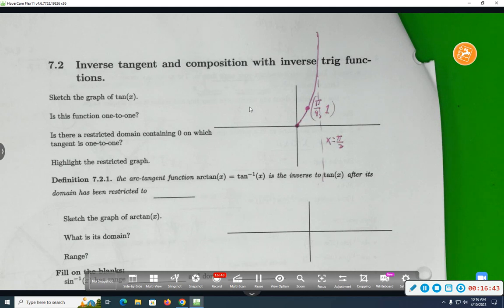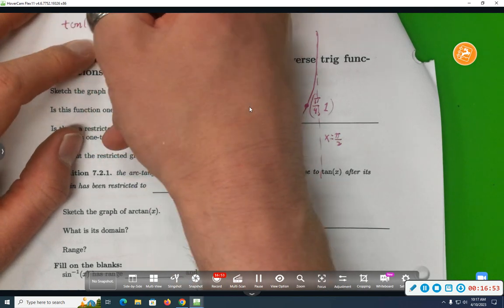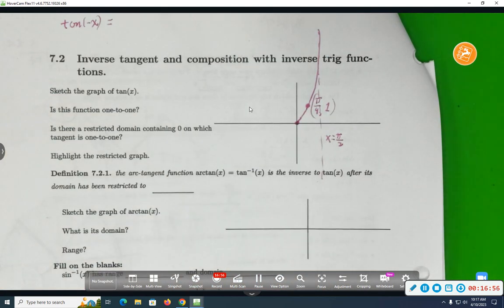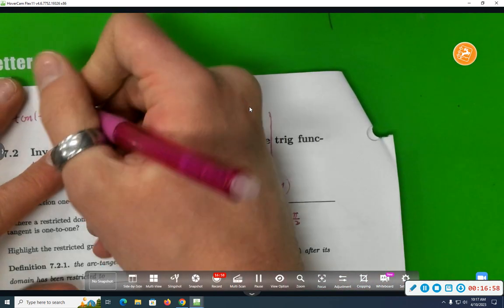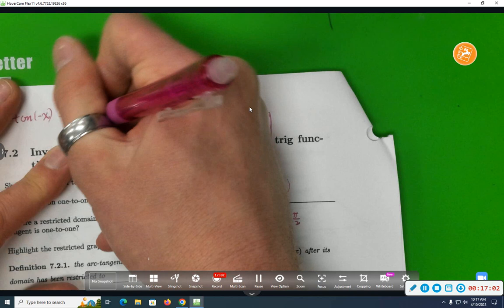Let's remember which by thinking about sine and cosine. So to check for even or odd, plug in a negative for x. Tangent is sine divided by cosine.